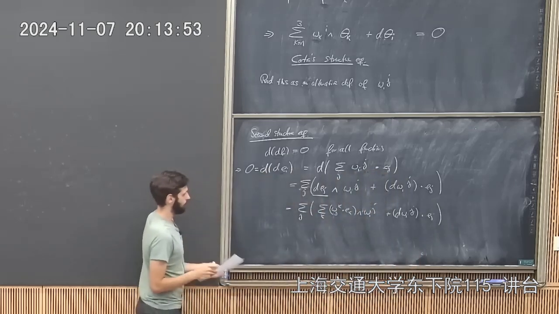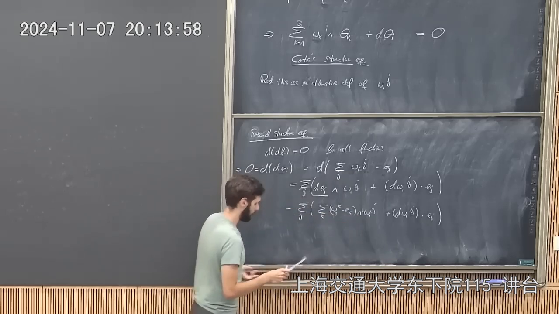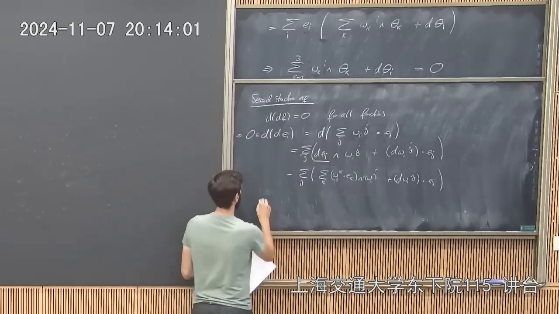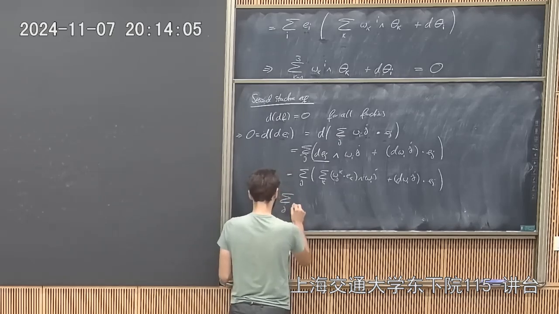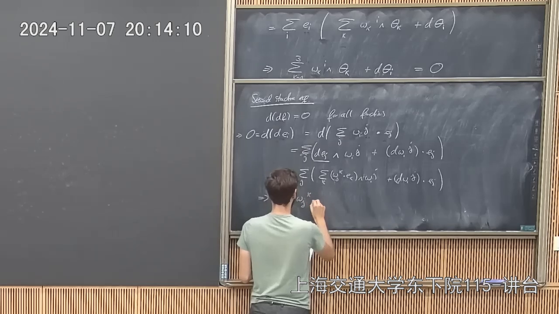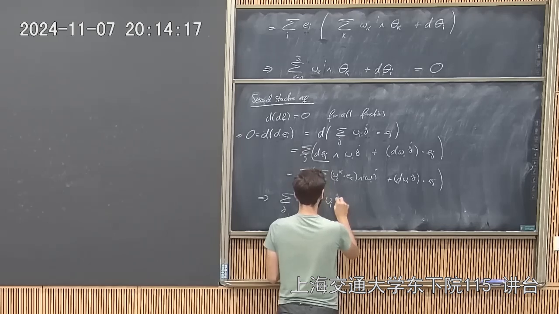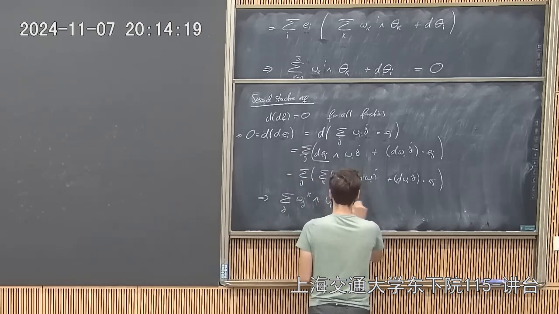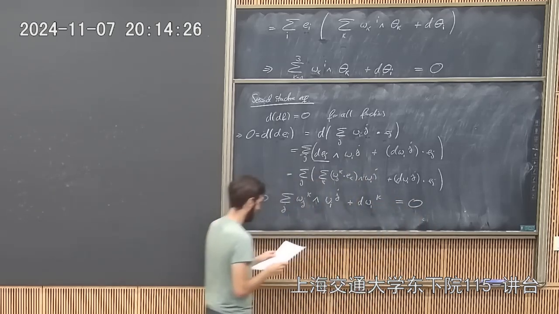And now we do the same trick where we bring out the e_k by just changing the summation. And what we get is the following equation: the sum over j of omega_jk wedge product omega_ij, plus d omega_ik, equals 0.